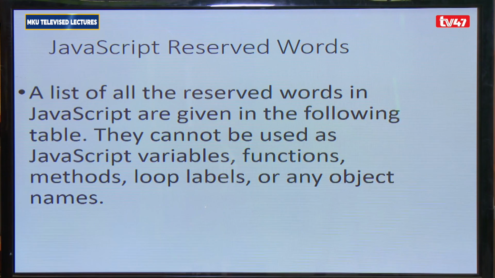Now, we have talked of reserved keywords in JavaScript. So what are JavaScript reserved words? A list of reserved words in JavaScript is given in the following table. They cannot be used anywhere or anyhow in any JavaScript program unless you are trying to refer to that keyword.